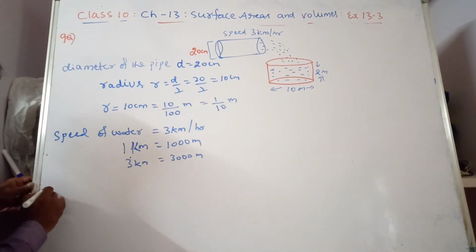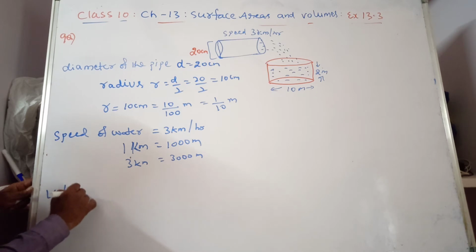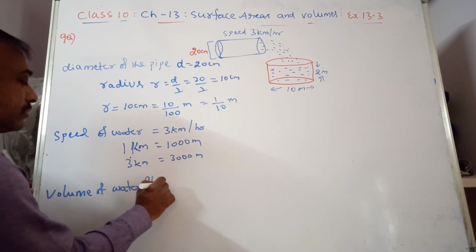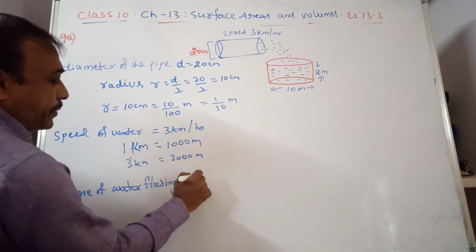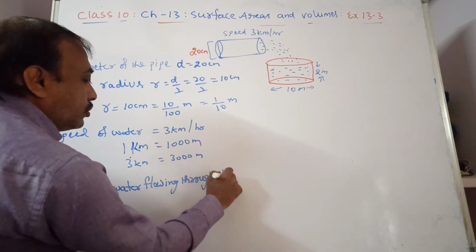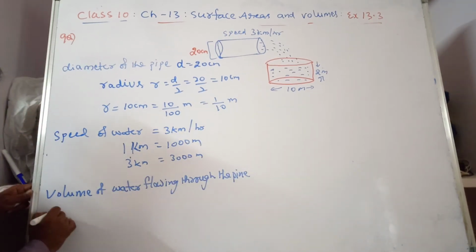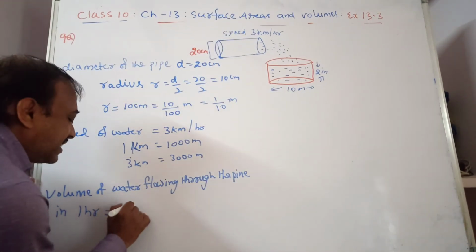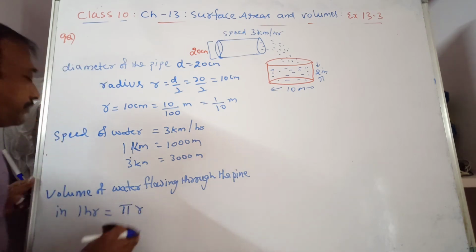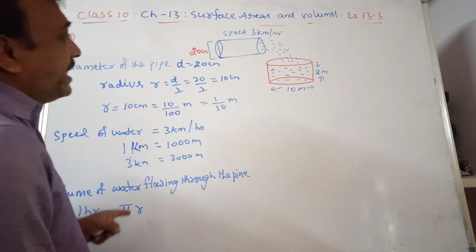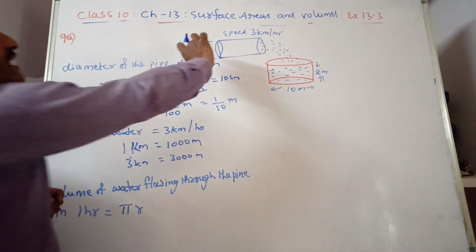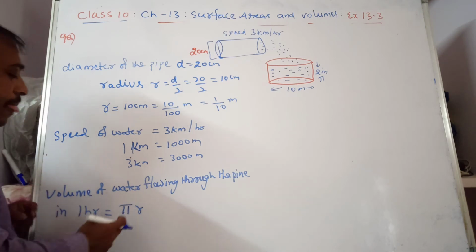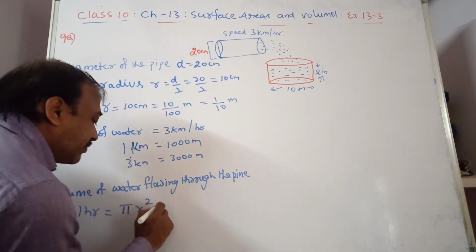Volume of water flowing through the pipe in 1 hour is equals to the cylindrical volume, that is pi R square H. This is cylindrical shape, so the volume of the cylinder we are calculating is pi R square H.